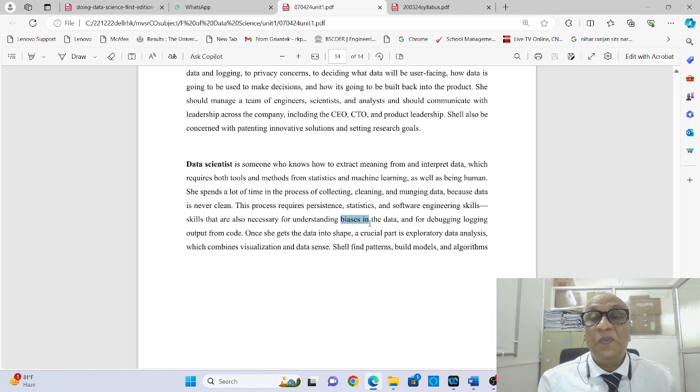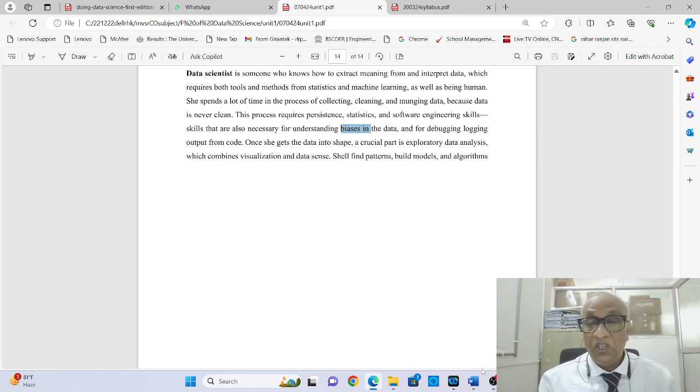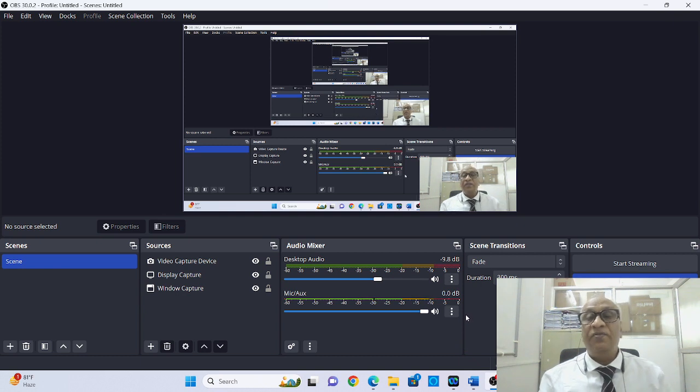You need to understand biases, and you need to debug logging output from the code. Once this data is brought into proper shape, then comes exploratory data analysis, which combines visualization and data science. Then the patterns will be built, models will be built, and the algorithms will be derived. So the second session was an effort to dive deeper into the meaning and definition of data science.